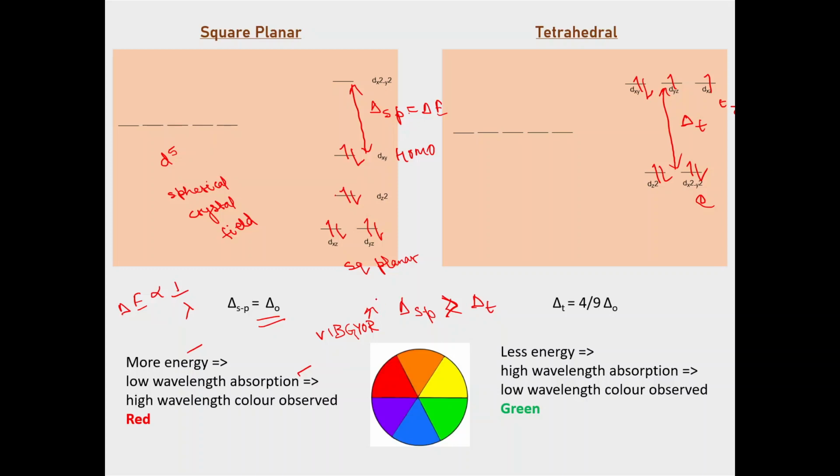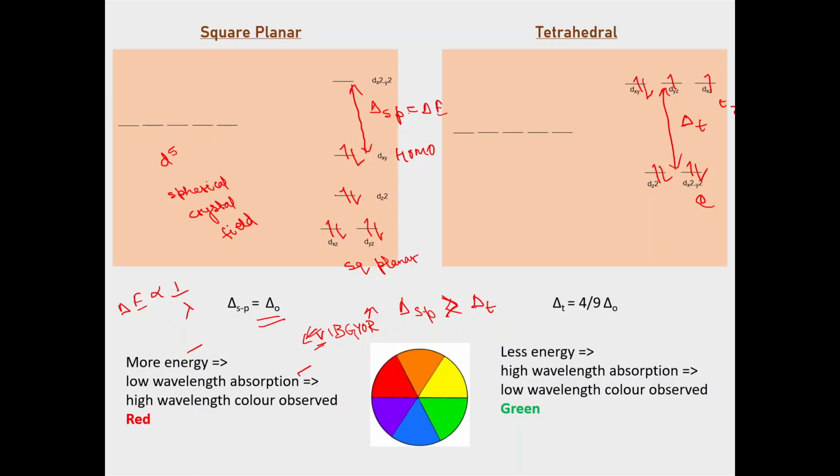Ma'am, high wavelength. Okay, so in this case the lowest wavelength will be absorbed, somewhere around violet or indigo.